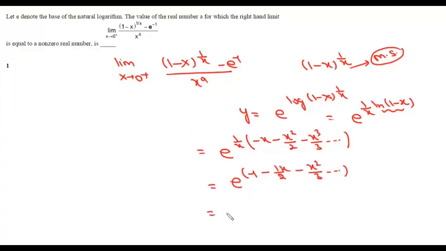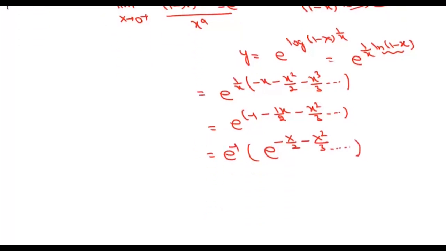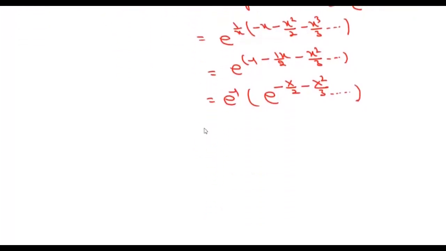Now we'll take e to the power minus 1 common. We can write this as e to the power minus of x by 2 plus x square by 3 up to infinity. Now this is the expansion of e to the power minus x, and we know that the expansion of e to the power minus x is 1 minus x, and x in this case is x by 2 plus x square by 3, plus x square upon factorial 2.